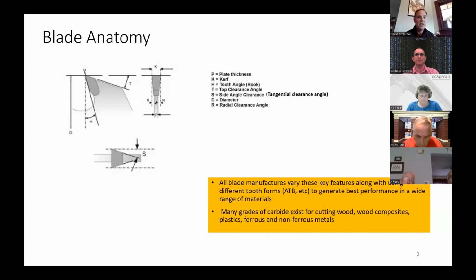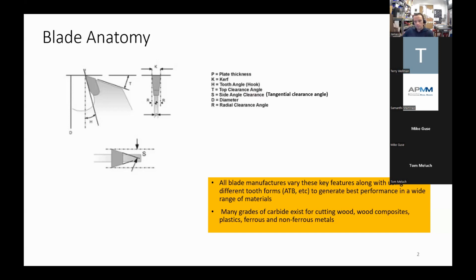So anyways, again on the blade anatomy we were talking about, there's the hook angle, which we talked about just a minute ago, and the top clearance angle. This is the angle you're looking at from the top of the tooth down to the bottom of the tooth, from the front of the tooth to the back of the tooth to the very top.